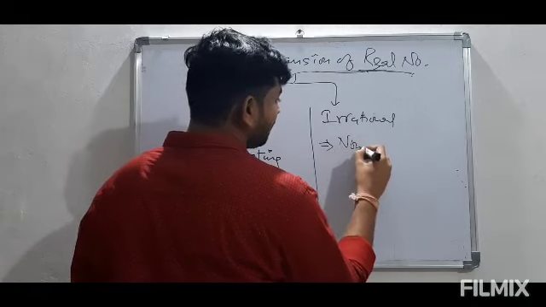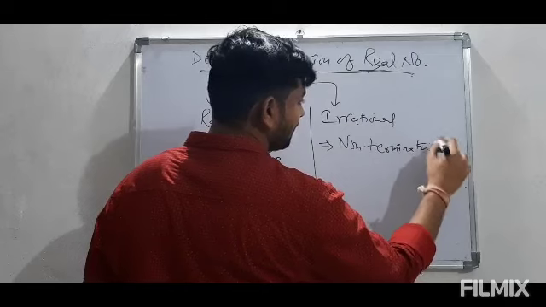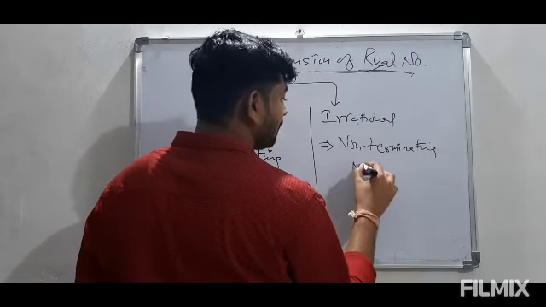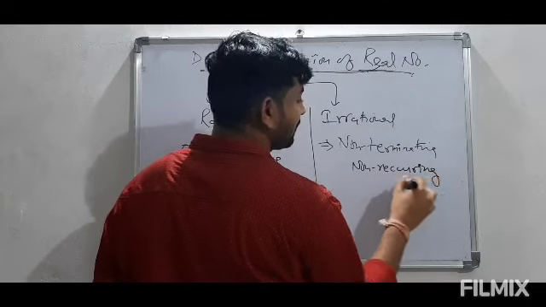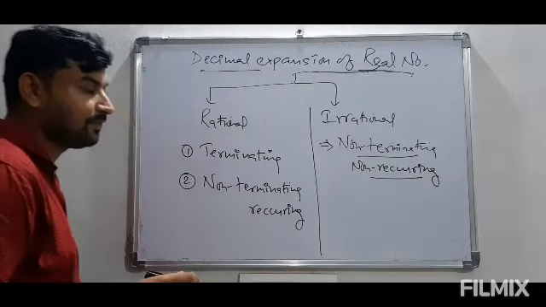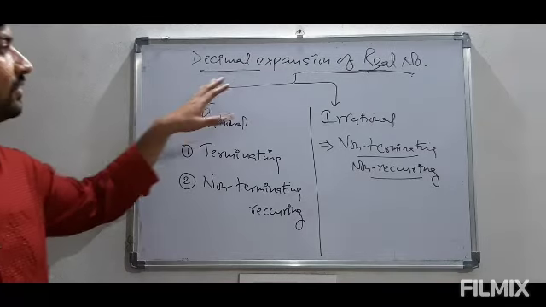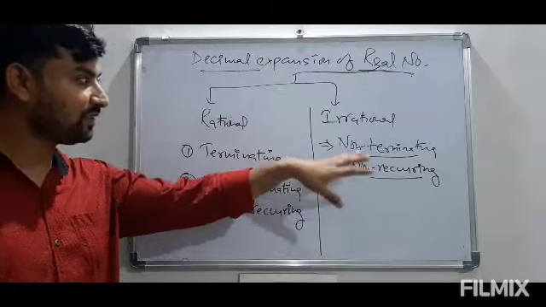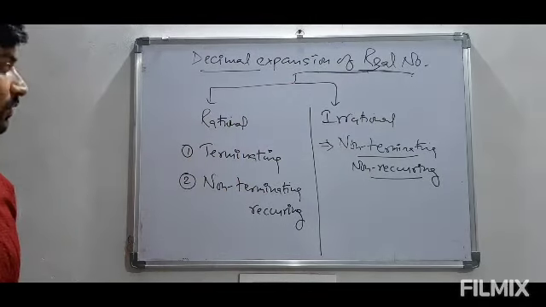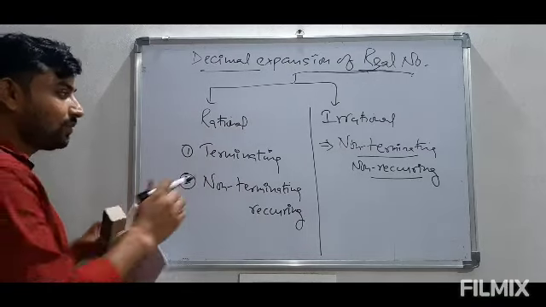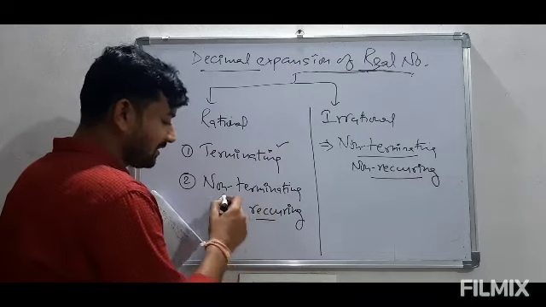So it is non-terminating, non-recurring. This you must have studied in class 9th. So this is the basic idea about decimal expansion of rational and irrational numbers. In other words, decimal expansion of real numbers. So for rational numbers, there are only two types, terminating and non-terminating recurring.